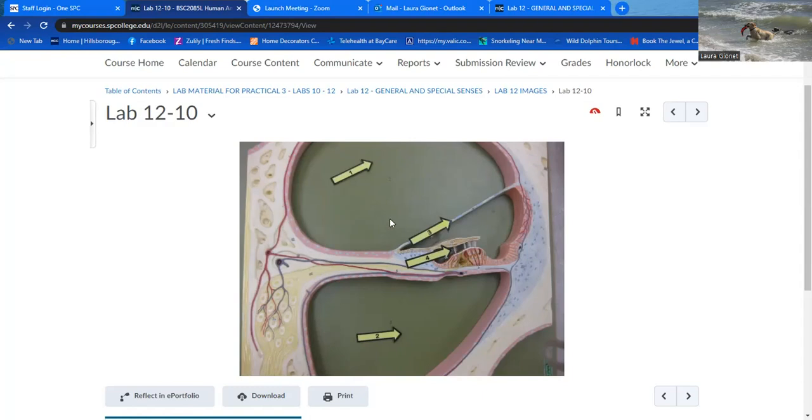And I think in the video, I point to that, because that stays rather stationary. And as waves are produced in the fluid within number 1, the scala vestibuli and the scala tympani, the bottom part of these hair cells, on this other flexible membrane, starts to bob up and down. So we call that the whale, and then that tectorial membrane above it is called the tail of the whale.